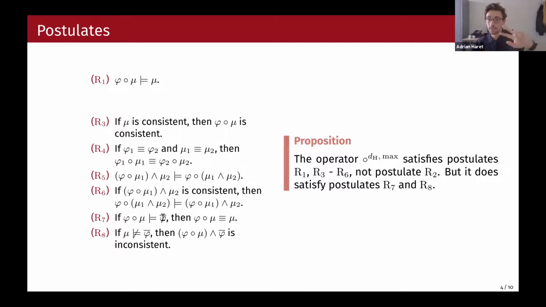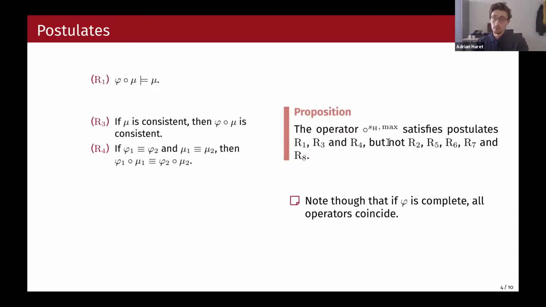The dual of phi replaces every literal in phi with its negation, and it says try to avoid the models of this dual thing. So the models of this dual thing are things that I really don't want to believe unless strictly necessary, unless I don't have any other option. So these are duals to this R2, which the max operator satisfies.